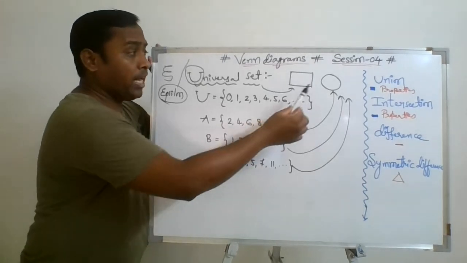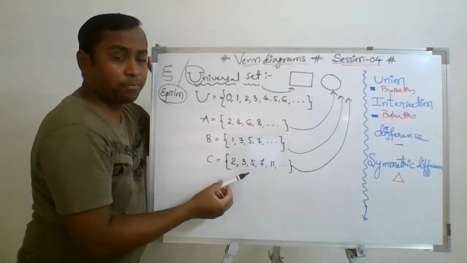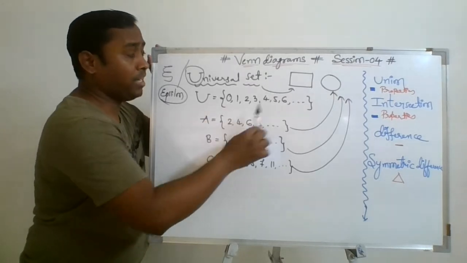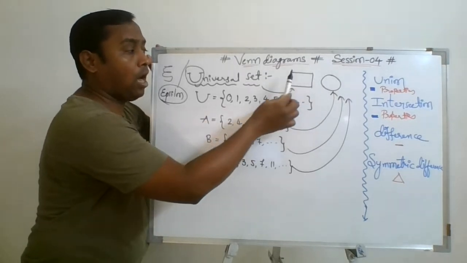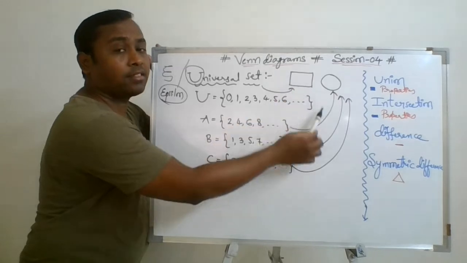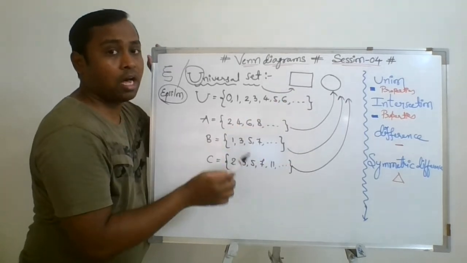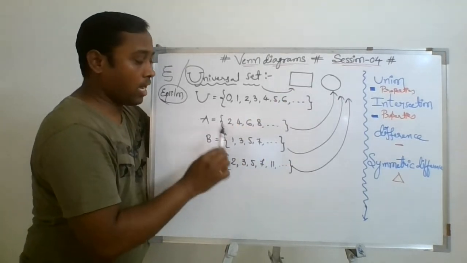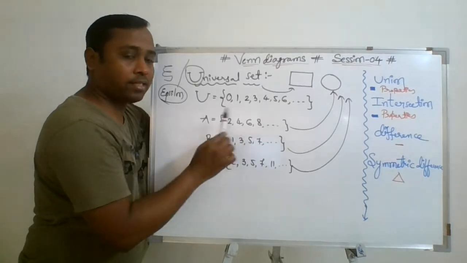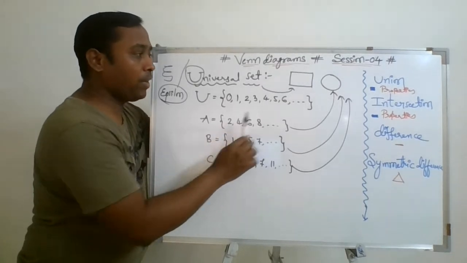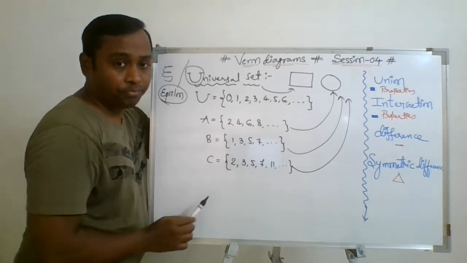So every set is a subset of its universal set, hence these circles are always drawn inside the rectangle because they are part of the rectangle, and the elements which the set contains are simply written in the circle.